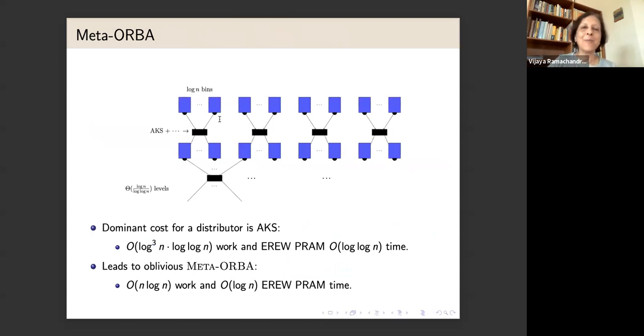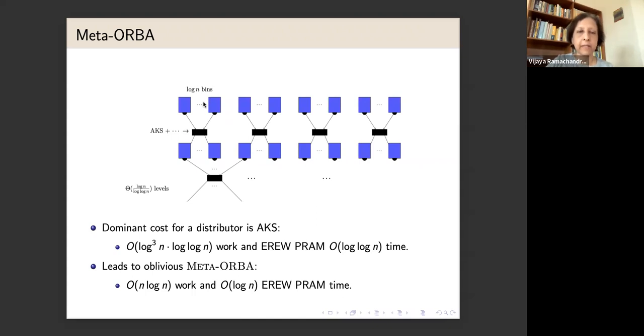And that's, in fact, our algorithm for oblivious random bin assignment, our base algorithm, which we call MetaORBA. It is readily seen, as I just mentioned, that a single distributor takes work log cubed n, because that's the total number of elements that it sorts.